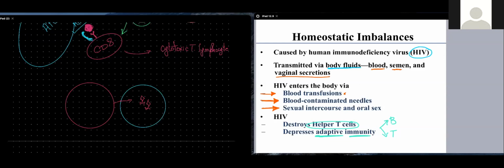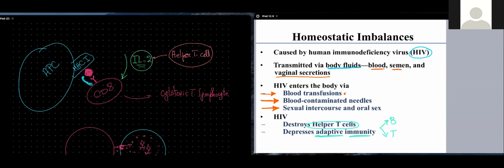Remember, this takes place by releasing the perforins and the granzymes, which are the digestive enzymes that will get injected inside the infected cell. So everything gets destroyed from inside. This includes the viral particles as well. So remember, this wouldn't have happened if I didn't get the signal from the activated helper T cells.